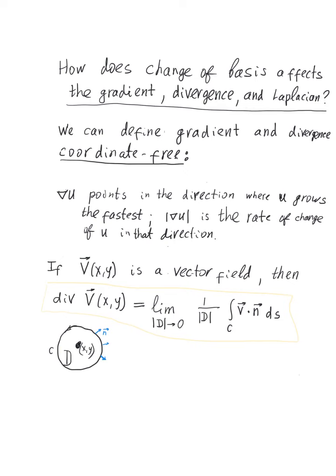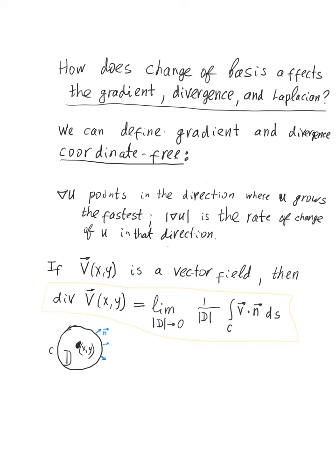As long as the area of that region goes to 0, the quotient of the flux of the vector field outside of the region divided by the area of the region approaches the divergence of the vector field.